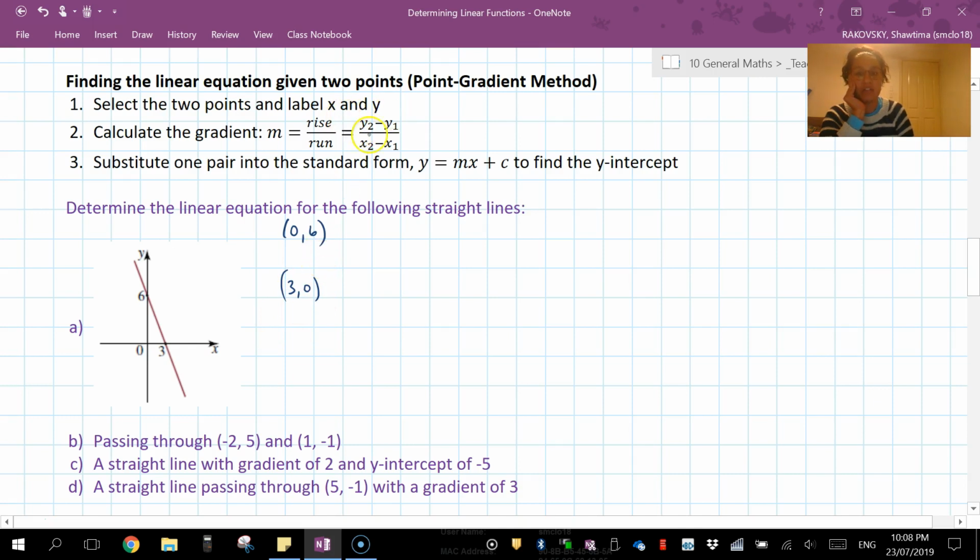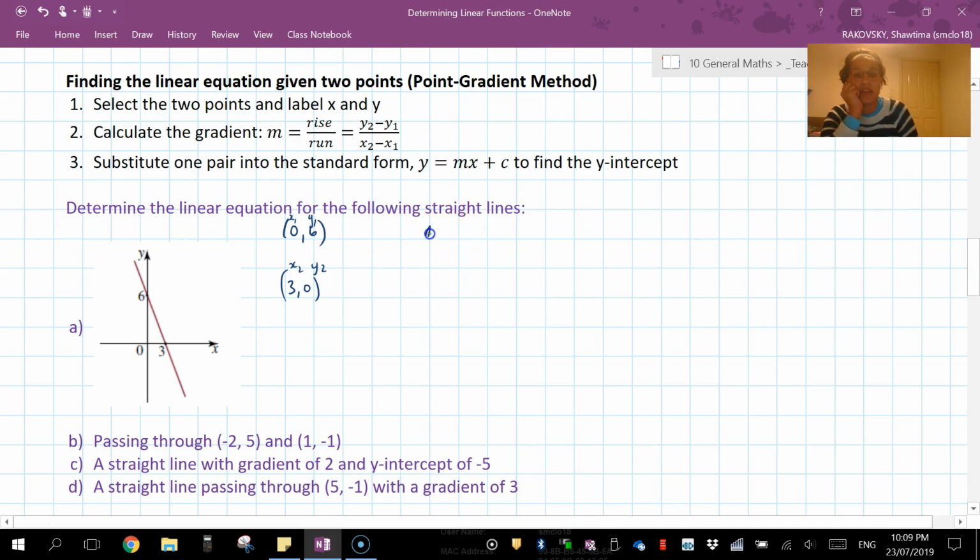The first thing we're going to do is assign them x1, y1 and x2, y2. I should have left a bit of space here. And I'm going to use my formula for gradient, rise over run. That's saying: what's the difference between your y's and the difference between your x's, and whatever the proportion of those is, whether a whole number or a fraction, is your gradient.